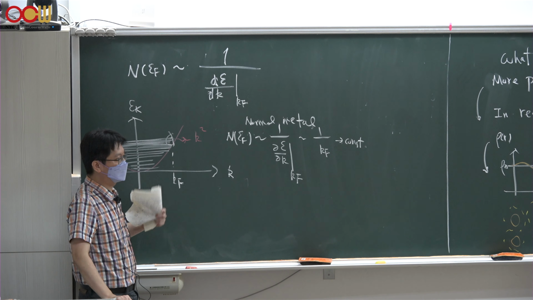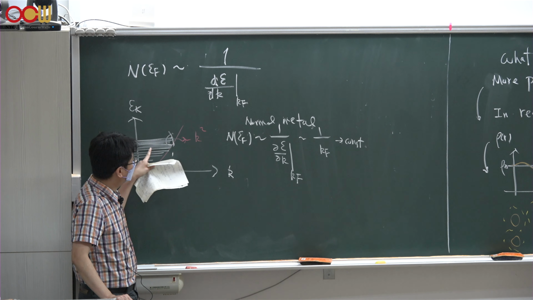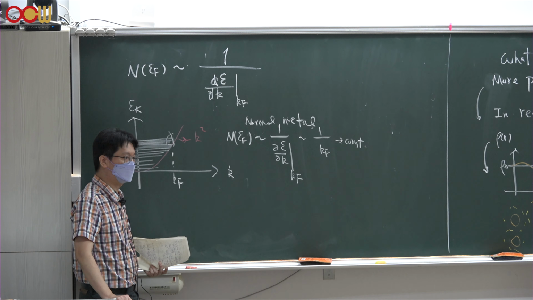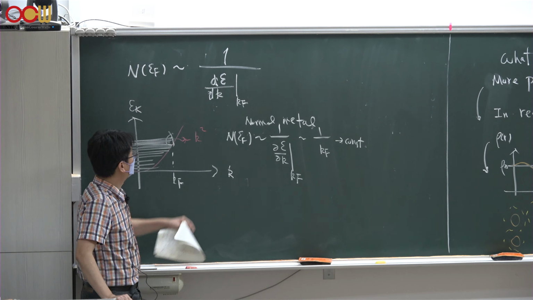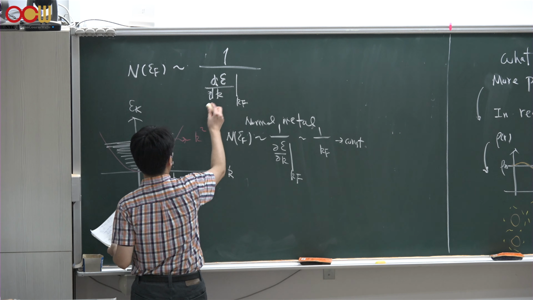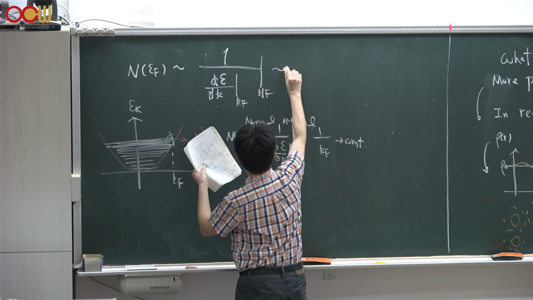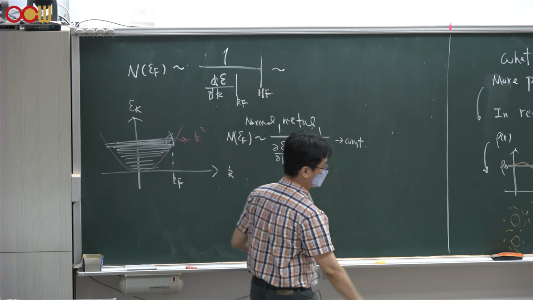If you measure the tunneling conductance of normal metals close to 0 temperature and this Fermi level, you'll see this constant conductance peak, right, near the 0 bias. But within the Hartree-Fock, this is almost 0 because you'll see that this jump over here.